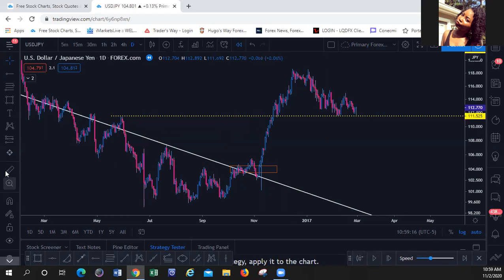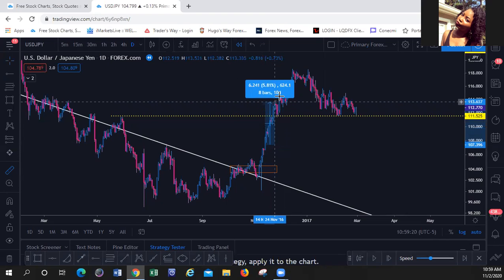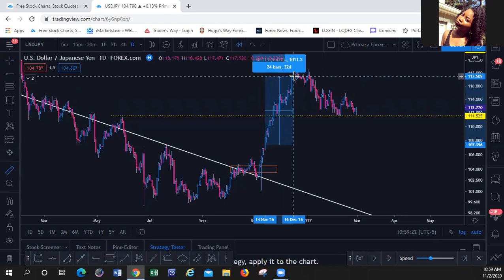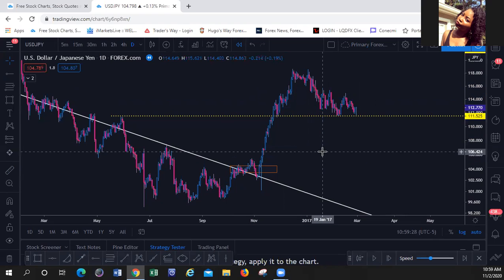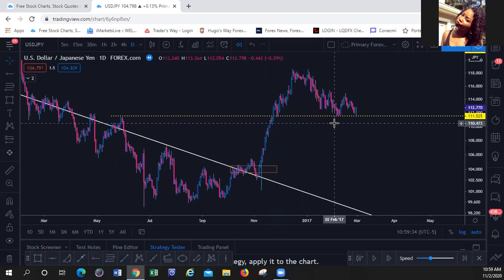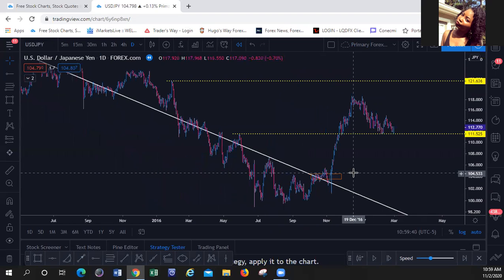You would have gained thousands of pips with just one entry. And then you can learn how to grab these pullbacks and things like that. You can learn about all those things along with me as we go forward.